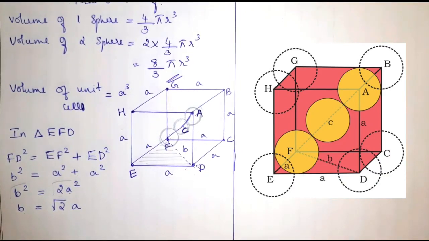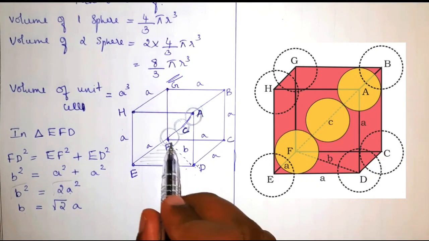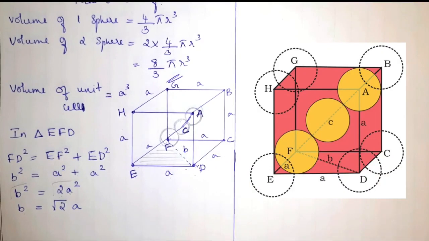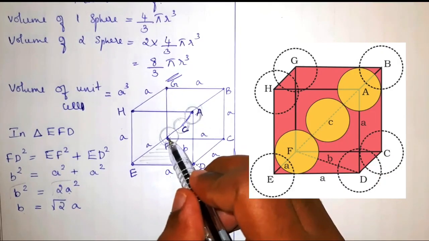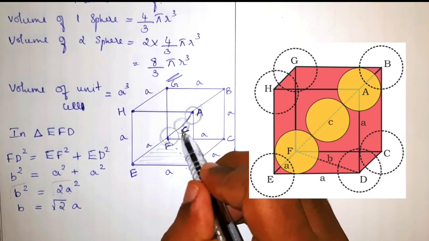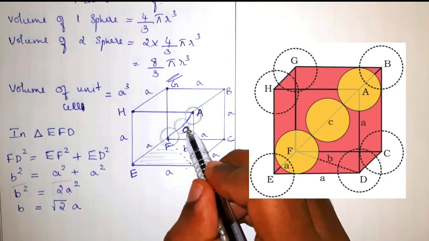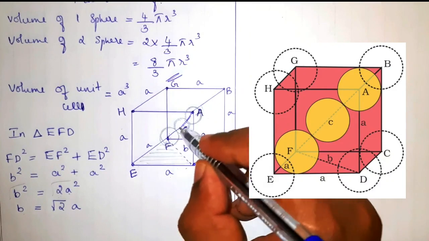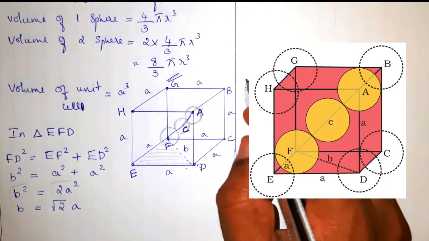Now this diagonal that we have considered is not touching all the spheres of BCC. So for that you have to take this C. You should get a C here. So for that you have to consider another triangle where all the three spheres are touching the diagonal.